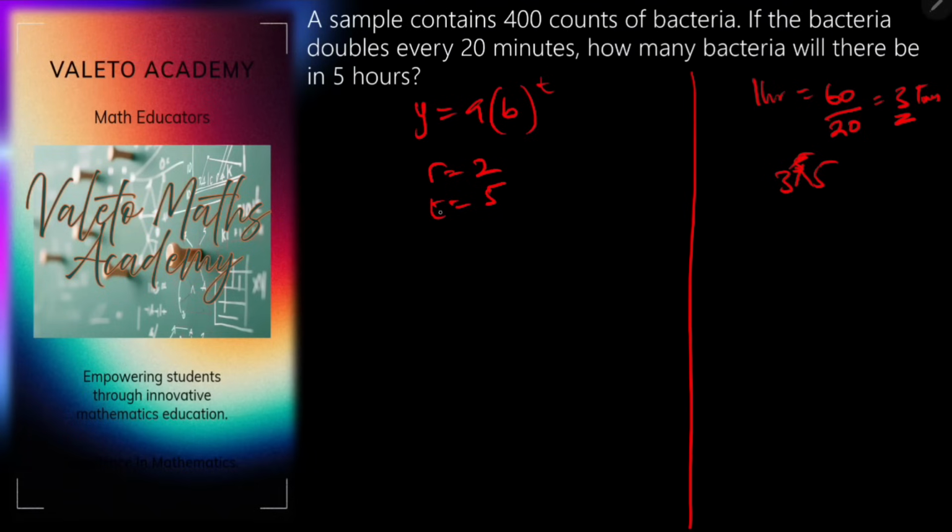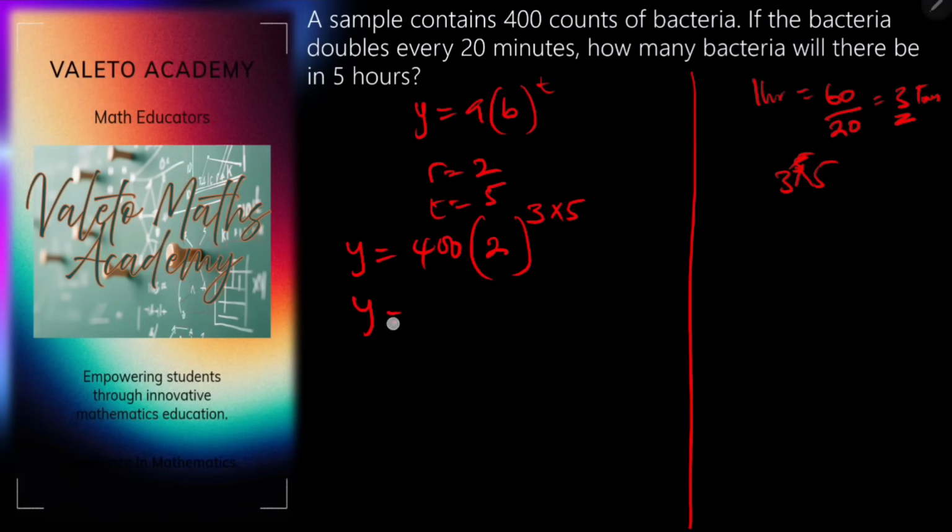If we substitute what we have, y will be equal to a, the initial count, which is 400, times b, the rate, 2, raised to power 3, because it doubles 3 times in an hour, times 5 hours. Okay, so 3 times 5 is 15.